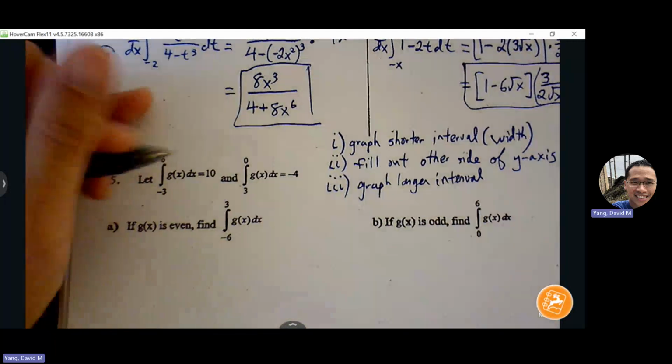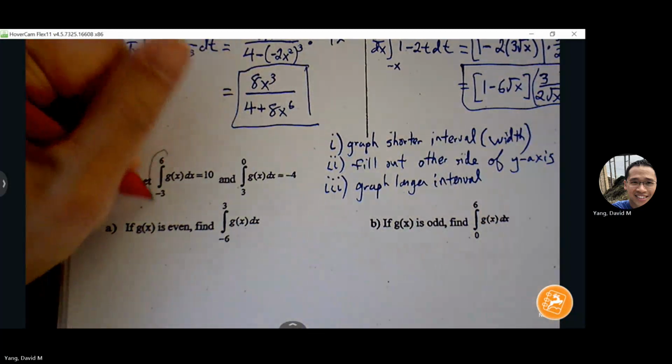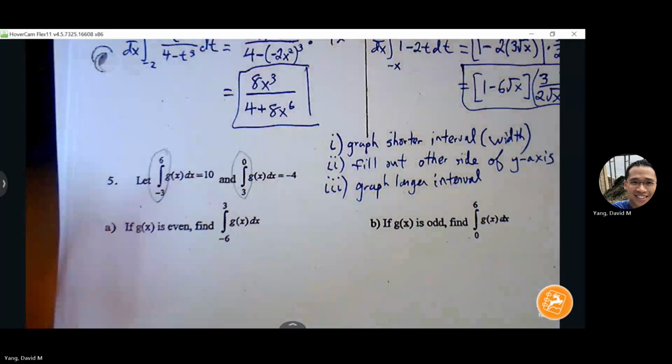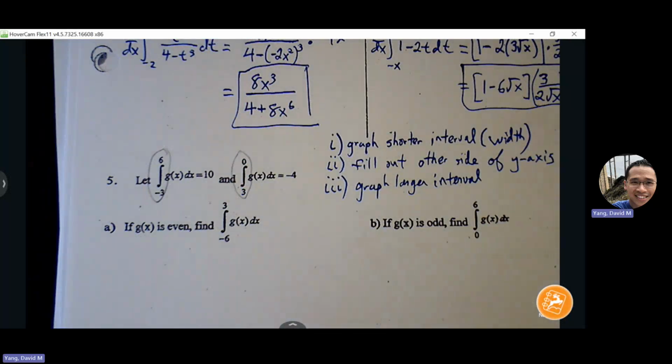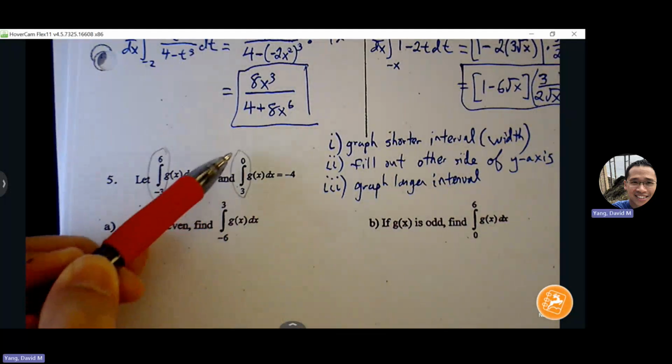Okay, first things first. Which one has the shorter interval? Second one. Okay. Now, there's something a little off about this. You see how the bounds are not in order?